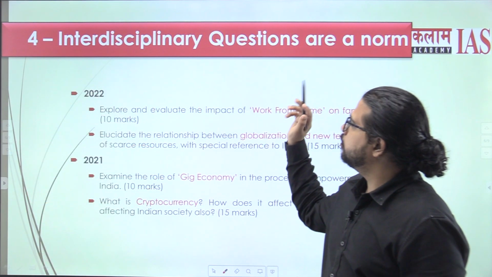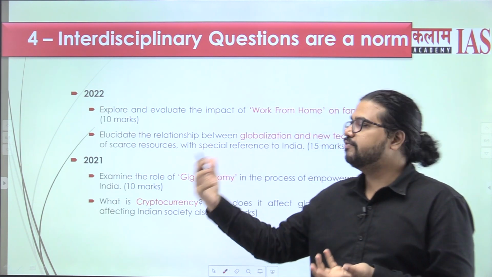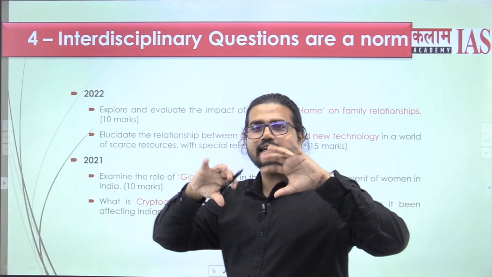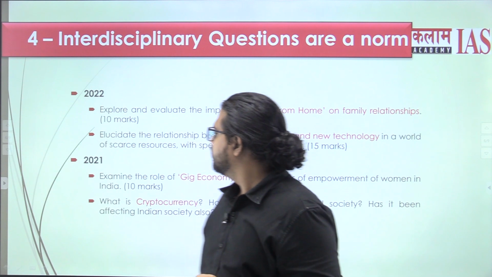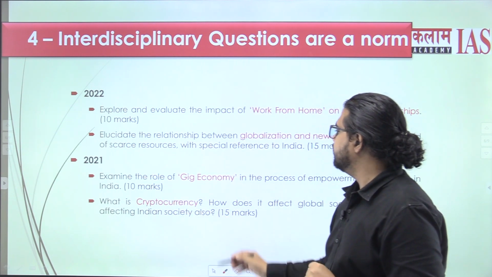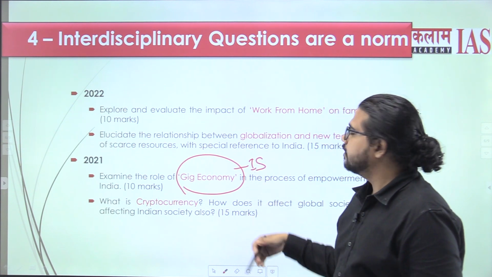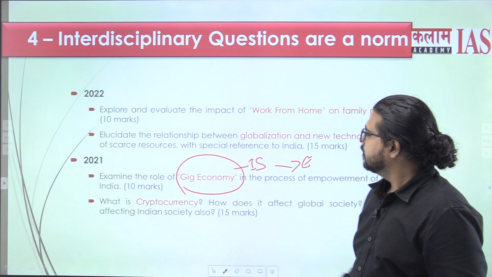So we will continue with our fourth important takeaway, that is, the questions are evolving with years. As you can see, questions are having relations with other topics in the other GS papers also. As you can see, in 2021, a gig economy question came in Indian society. Gig economy, we usually follow it in economy.